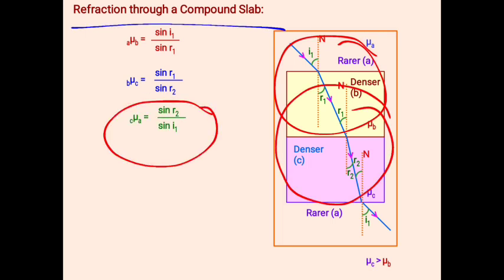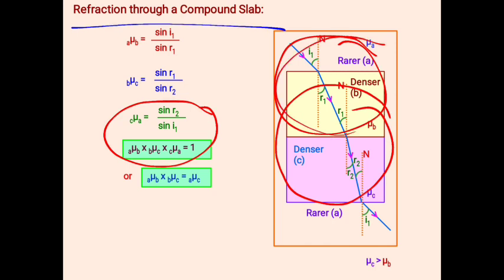Here, we know that all refractive index is equal to 1. Therefore, we know that the refractive index of this is equal to the refractive index of this one, which is also equal to the refractive index of this one.